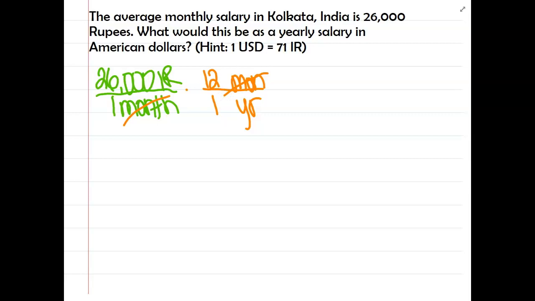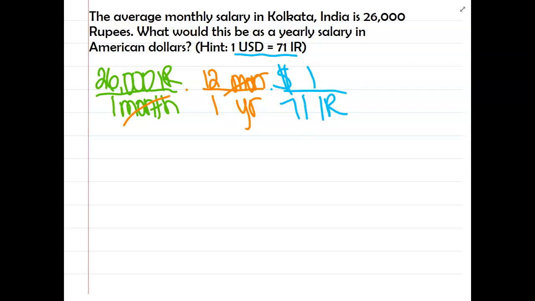Now what I need to do is go from Indian rupees to dollars, and they give you the conversion factor here. $1 is 71 rupees. So, in my conversion factor, where's the rupees going to go? Great. See how it's in the numerator? So it needs to go in the denominator over here, and then the dollars is going to go up here. Now the conversion, they say in 1 US dollar, there are 71 rupees.